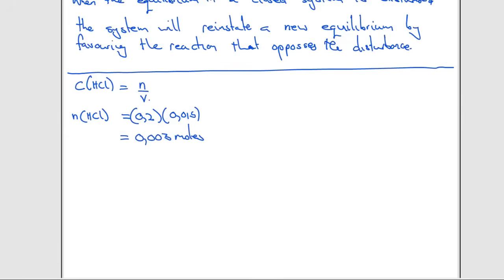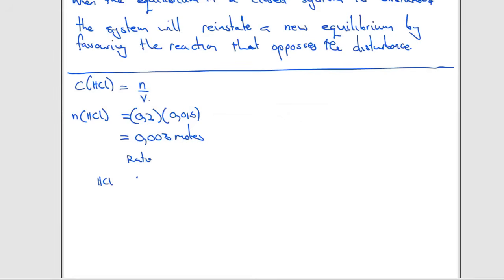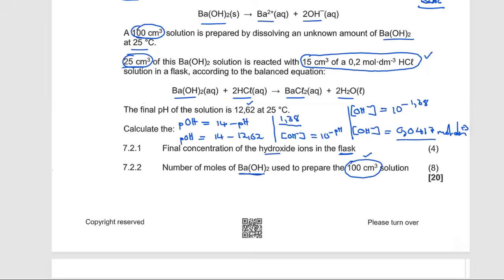After that, now I'm going to use the ratio. So let's look at the ratio between our HCl and, remember what we got to calculate, the barium hydroxide, Ba(OH)2. Let's go back to our balanced equation.